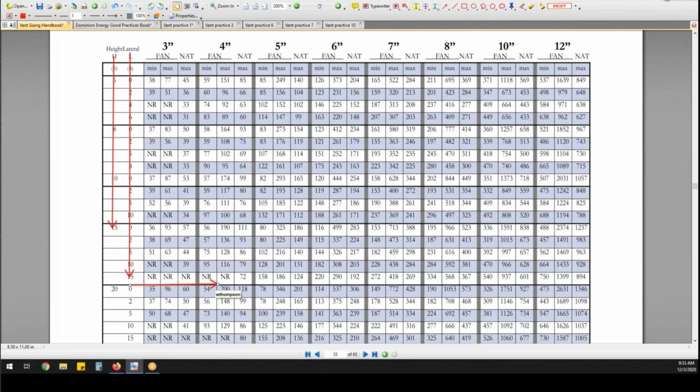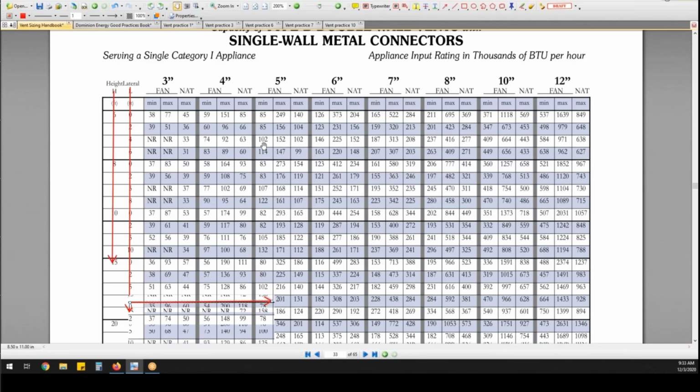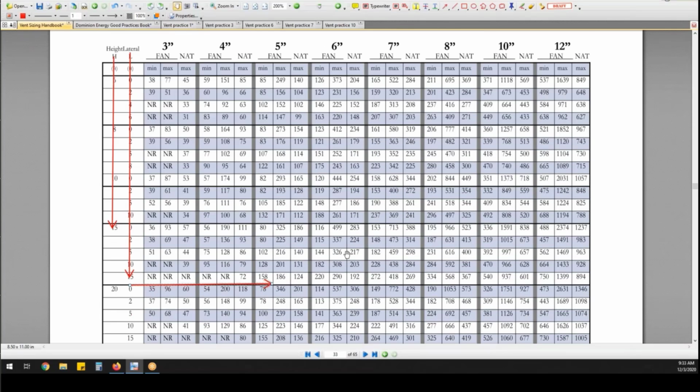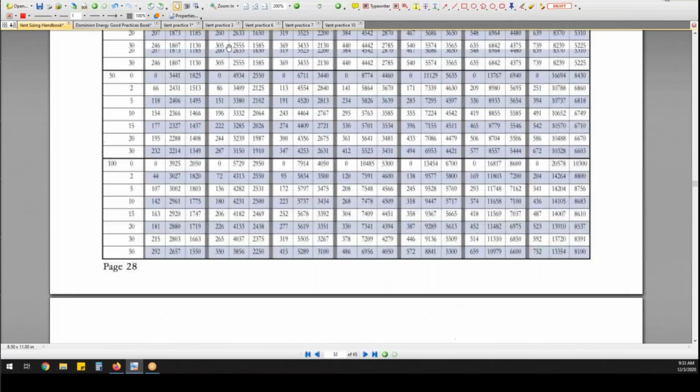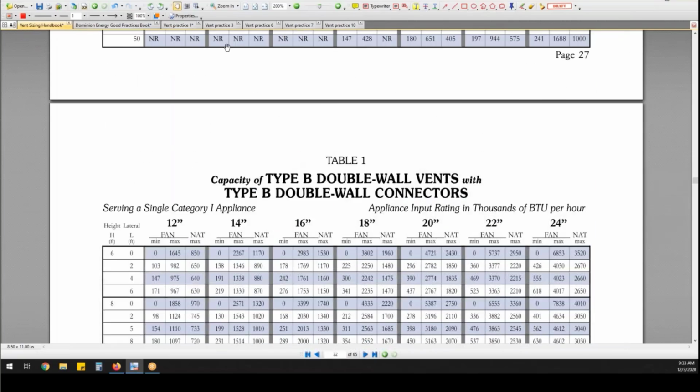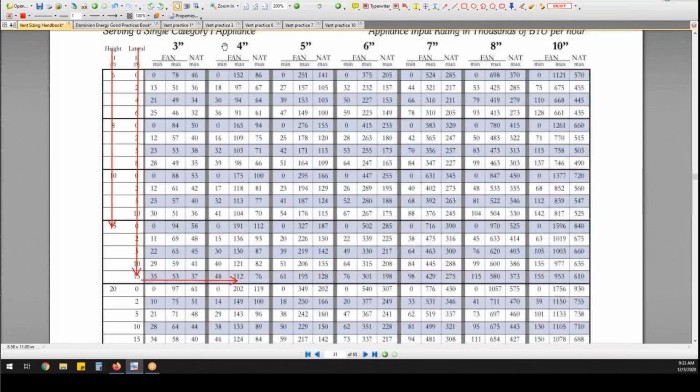That won't work. Okay, well, what if I increase it to 5-inch? Nope, I don't have enough heat in there because of that single wall pipe that I tried to add to it. So the only choice I have on this one is back up here. The whole thing has got to be 4-inch B vent.